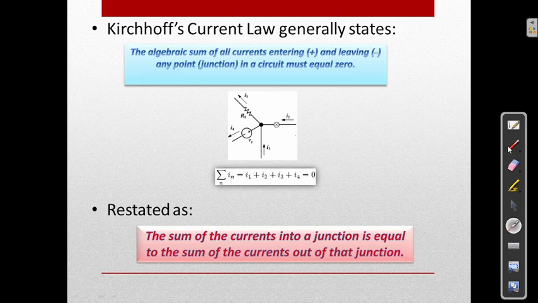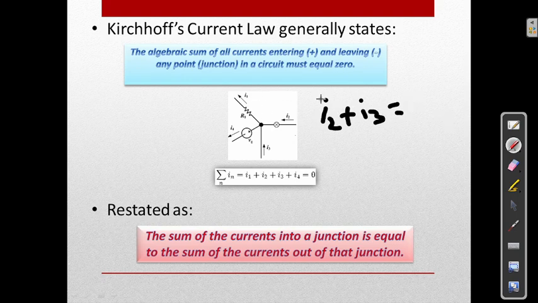So how can we write this? What are all the incoming currents over here? I2 is an incoming current, so we have plus I2. I3 is also incoming, so plus I3. This is the positive sign we get. And it is equal to, what are the negative signs over here?